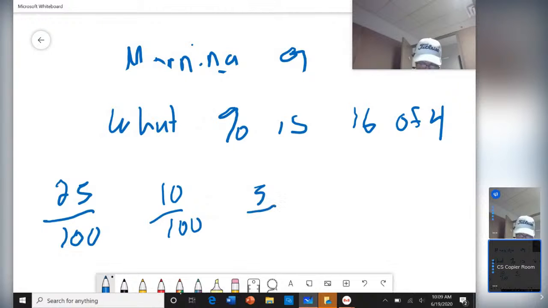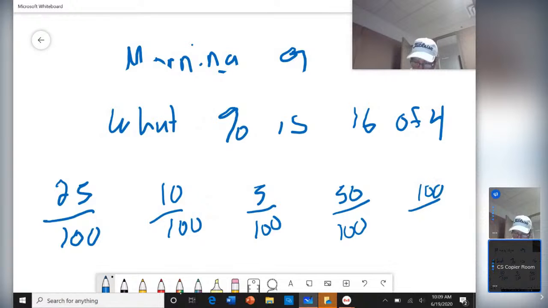A nickel, you're going to need 20 nickels to make $1. So that's 5%. And then you get a 50-cent coin. That's half of $1, which is 50%. And then when you have $1 out of $1, that's 100%.